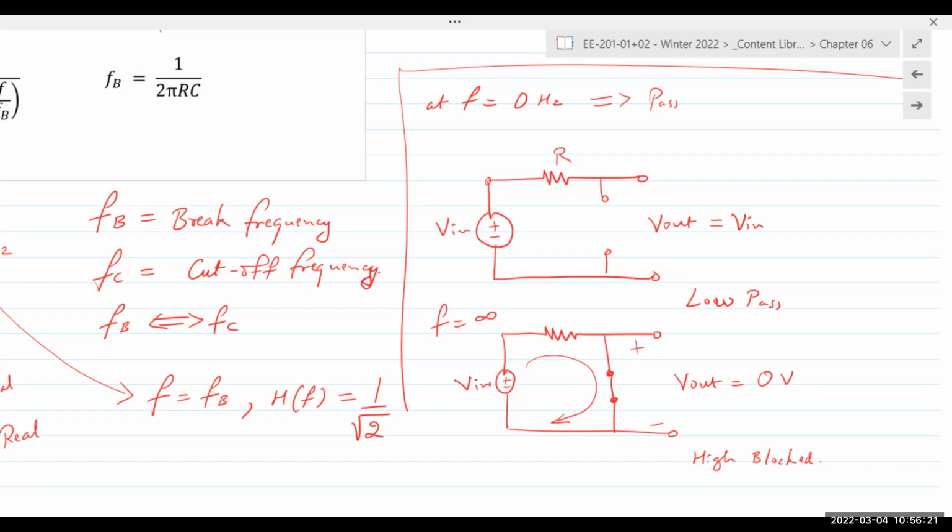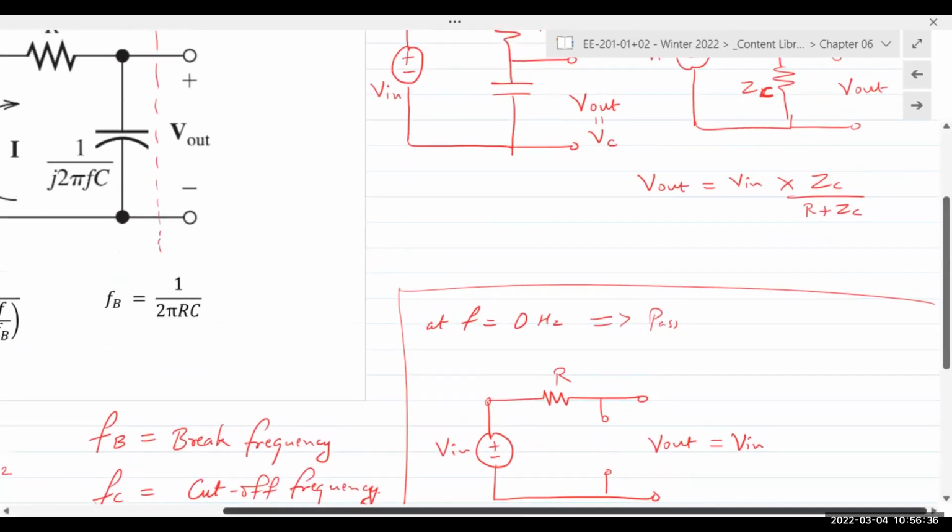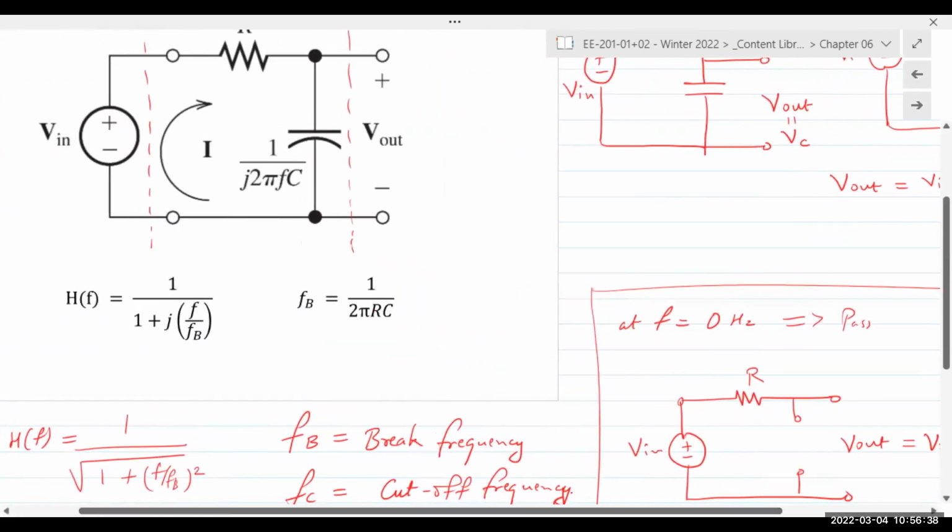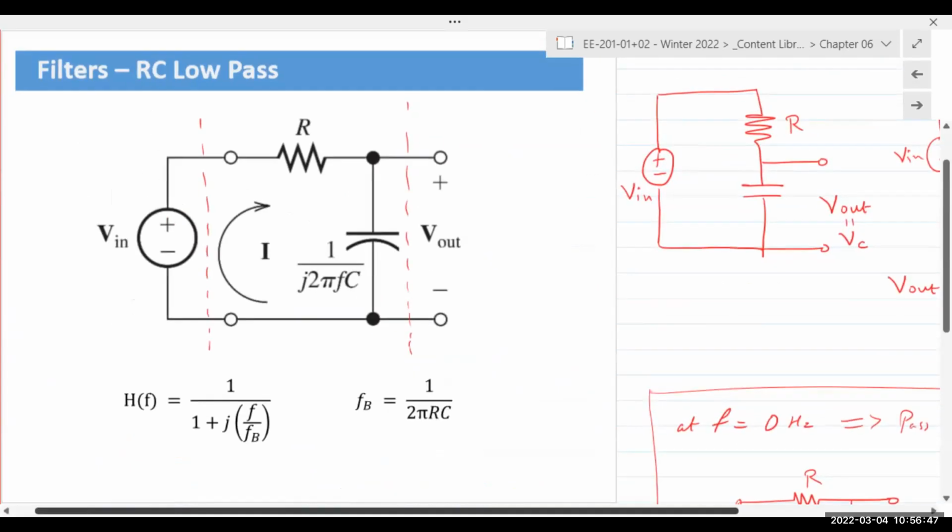Then it starts reducing. But again, using the handy dandy table, we can analyze any circuit quickly and efficiently. FB is a constant, which is 1 over 2 pi RC. And that is going to remain the same whether you have an RC filter that is a low pass or a high pass. We will see that in the next few slides.